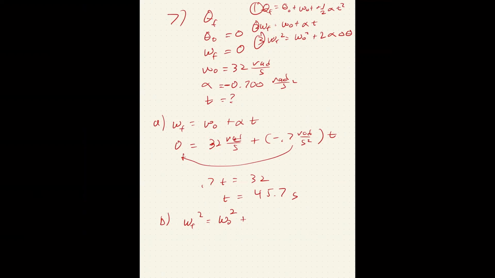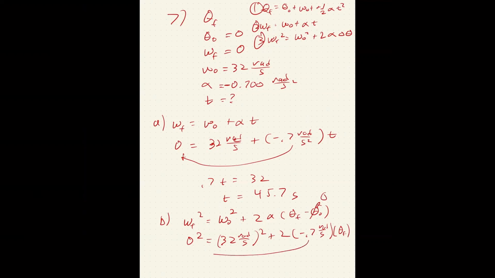I was looking at the wrong formula. Give me that thing, please. 2 alpha times theta final minus theta initial. All right, let's put our values in. So 0 squared is equal to omega initial squared, which was our 32 radians per second, squared, plus 2 times alpha, our negative 0.7 radians per second squared, times theta F. And by the way, theta initial is 0 because that's what we set.